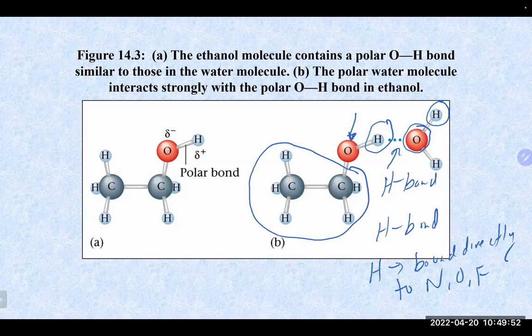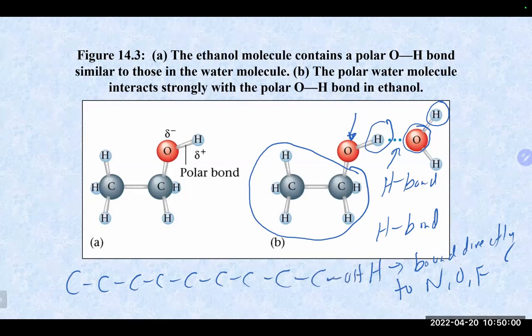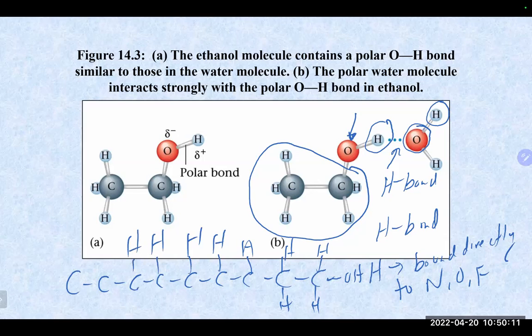If we had something that had a lot of carbons and hydrogens, basically, and then it maybe had the OH group at the end. And again, all these other guys here are hydrogens. You get the idea, hydrogens all the way to the end there.